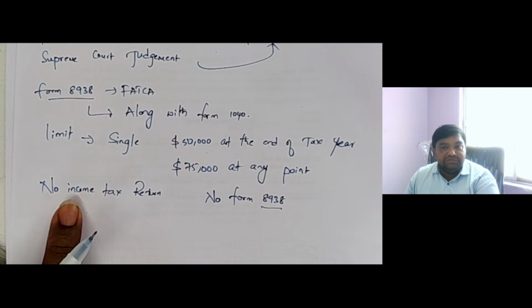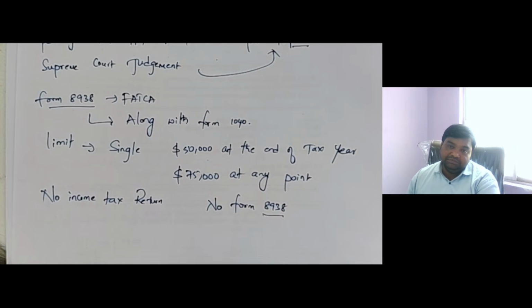Now another question. Okay, I'm not required to file an income tax return. Whether I have to file FinCEN form 114, which is your FBAR report. Yes, you have to file, even though you are not filing your individual income tax return. Why? Because FinCEN form 114 is filed with the Financial Crimes Enforcement Network, not your IRS, but administration is done by IRS.